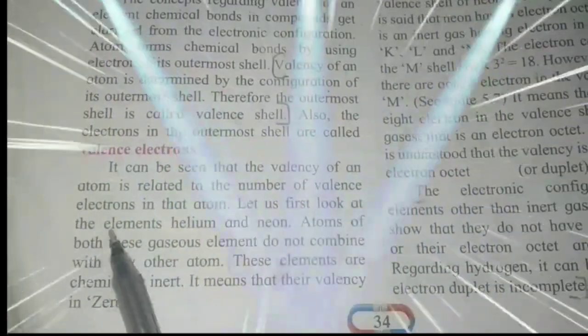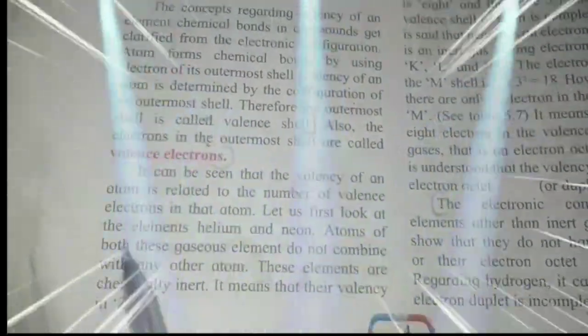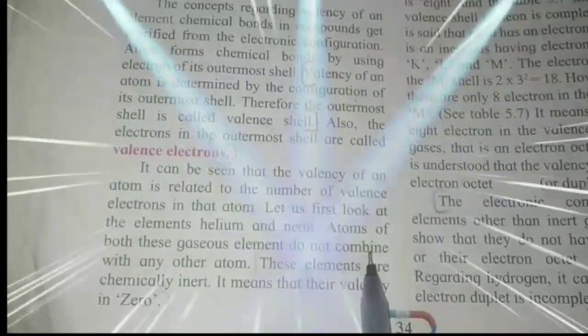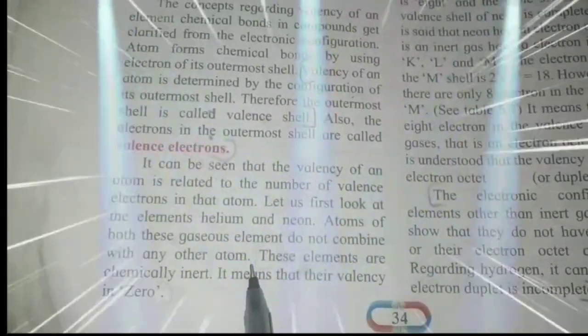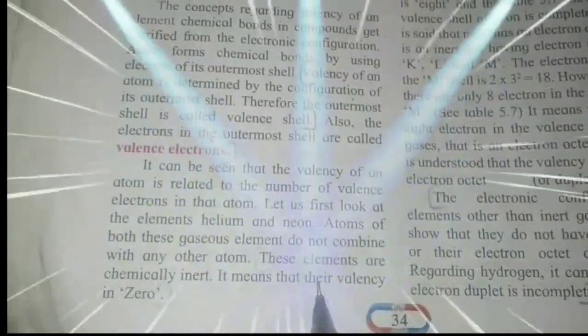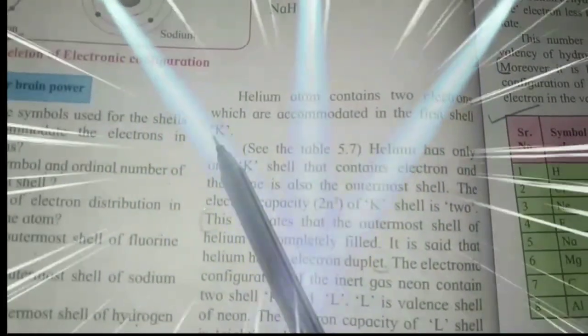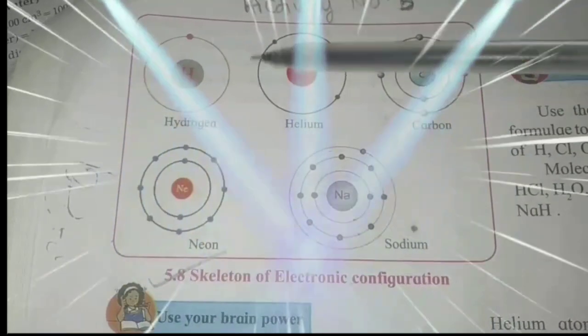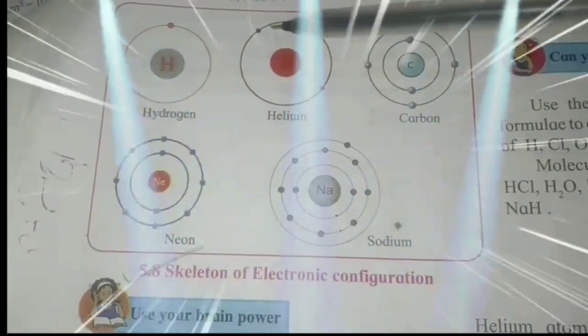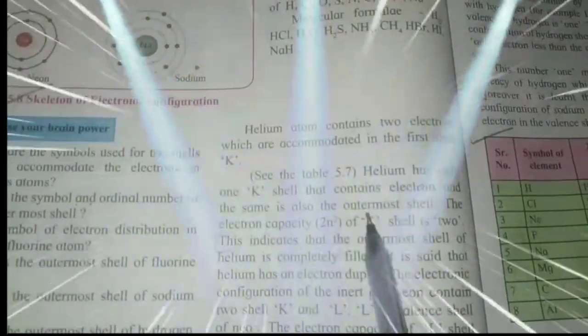Let us first look at the elements helium and neon. Atoms of both these gaseous elements do not combine with any other atom. These elements are chemically inert. It means that their valency is 0. Helium atom contains 2 electrons which are accommodated in the first shell K. That is also the outermost shell.